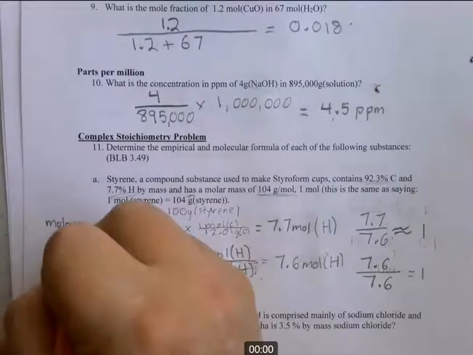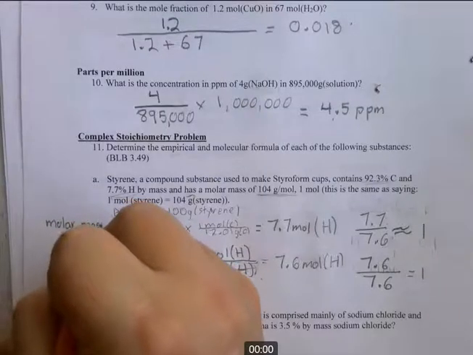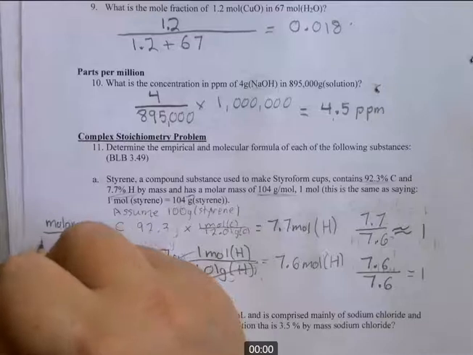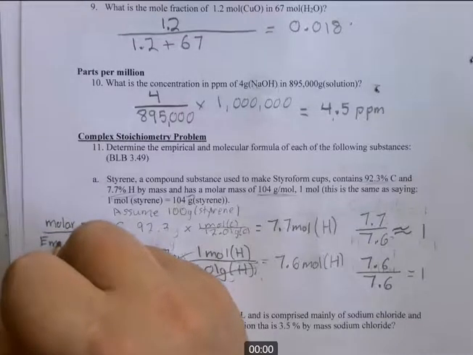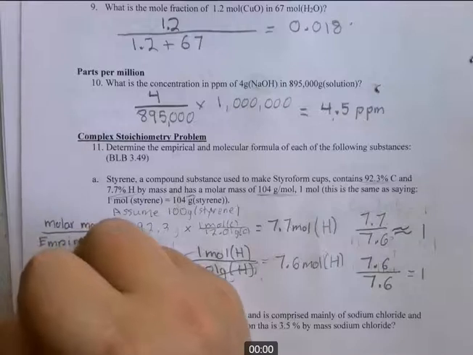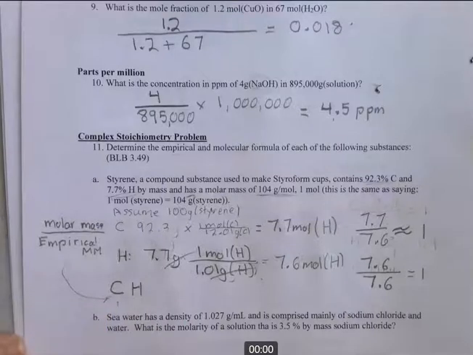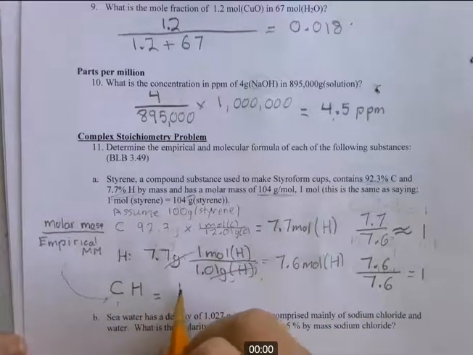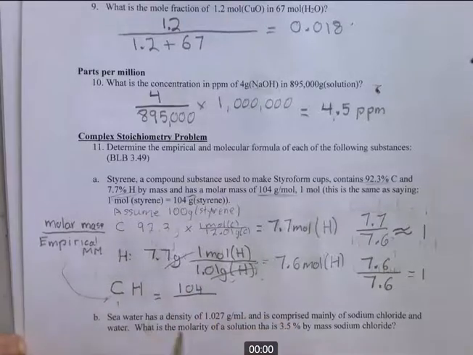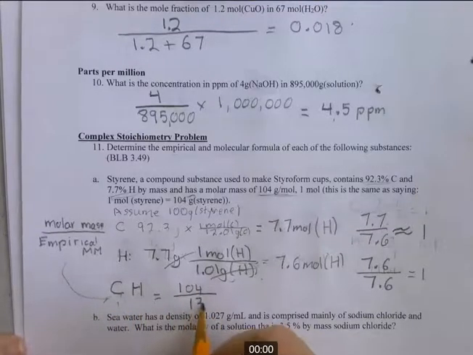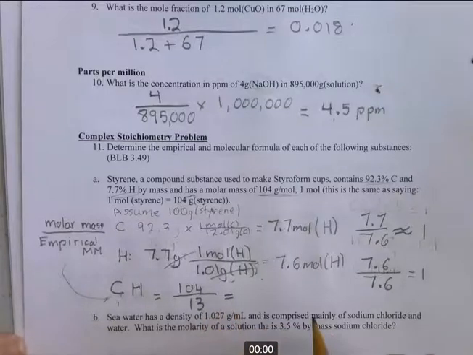So how do we figure out what it actually is? And this is how you do it. It's the molar mass over the empirical molar mass, the molar mass of the empirical formula. I'll just put MM, molar mass. So I'm going to come back down here and do that. The molar mass is 104. What's the empirical molar mass? I'm just going to use round numbers. For carbon, it's 12. For hydrogen, it's 1. So 12 plus 1 is 13. So what's 104 divided by 13?